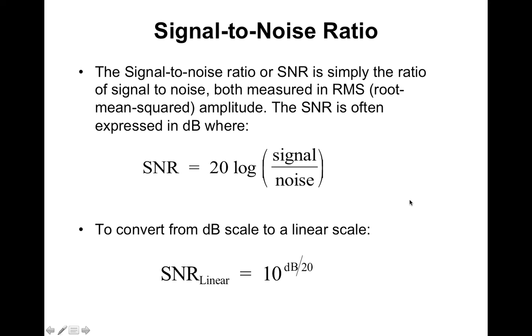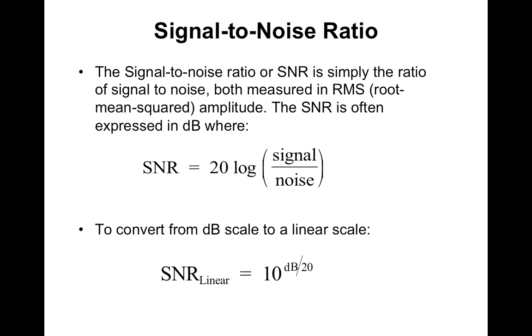So the signal to noise ratio then is just the ratio of signal to noise, and that's measured in RMS, or root mean squared amplitude. So if you have not reviewed root mean square, it was shown in the previous slide. You need to go back and be sure you understand what RMS means. Remember that we use RMS to represent something like an equivalent DC voltage that would give us the same power.